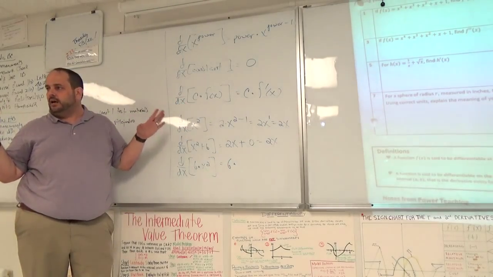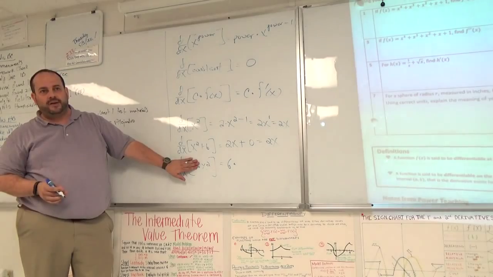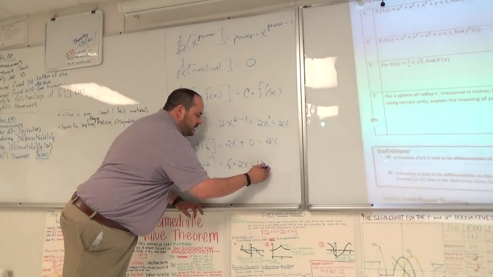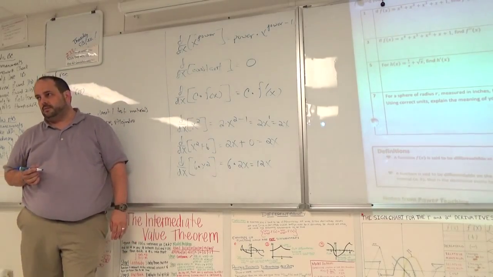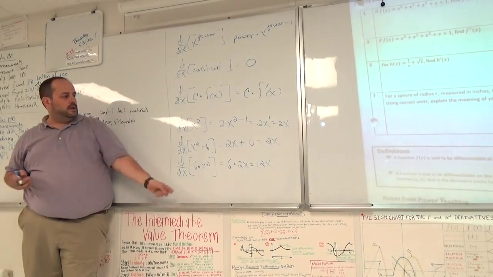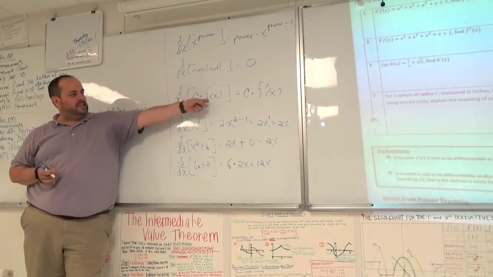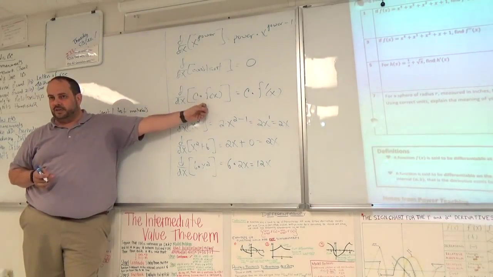You leave the 6 alone, and then you take the derivative of x squared, which is 2x. So your derivative is going to be 12x. Done. There's the derivative of a constant, which is 0, and the derivative of a constant times a function works a little bit differently.